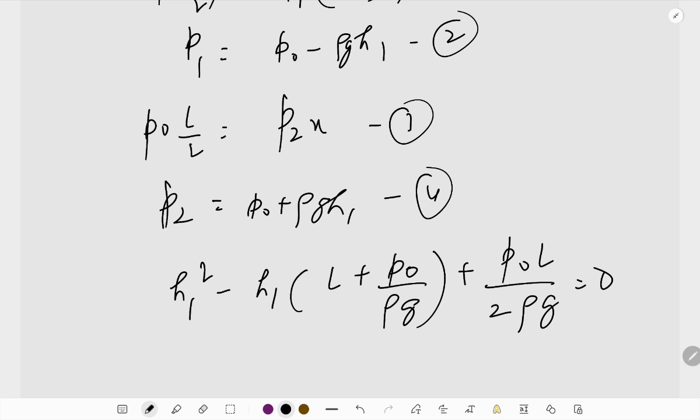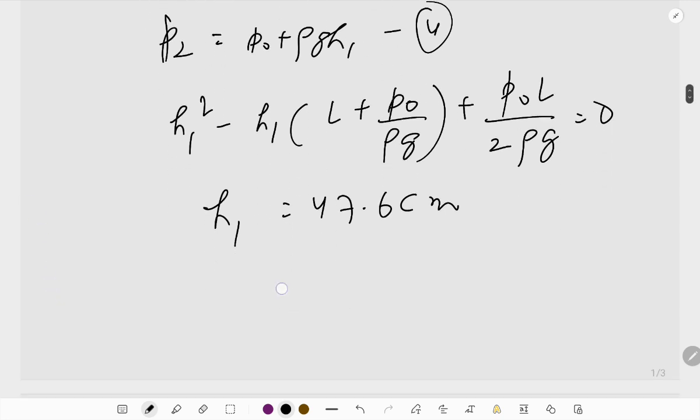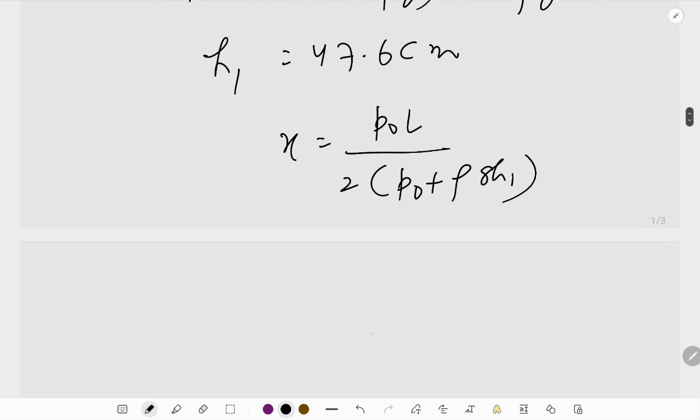This is a quadratic equation, and after solving it, you will get a physically meaningful solution of H1 equals 47.6 centimeter. And you can put these results into equations 3 and 4, and you will get x equals P naught L by 2 into P naught plus rho g H1. That will give you x equals 47.8 centimeter.